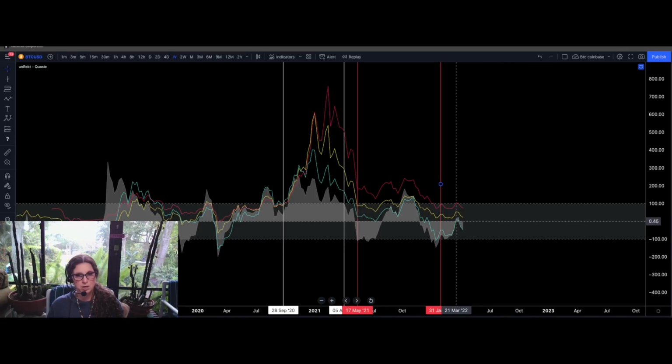White below zero is telling you that the market is weighted to the downside. If white was above zero, it would tell you that the market is weighted to the upside. But because it's below, it's telling us it's weighted to the downside, but all of the colors are inside.